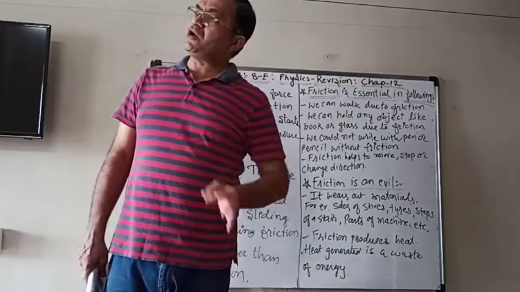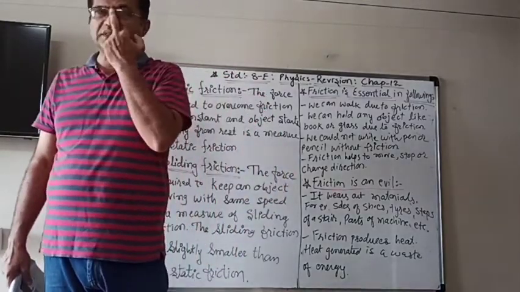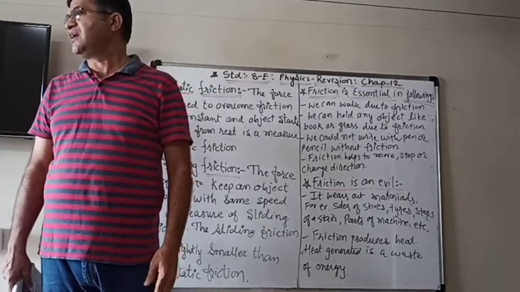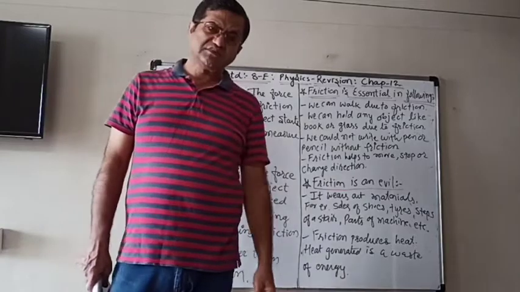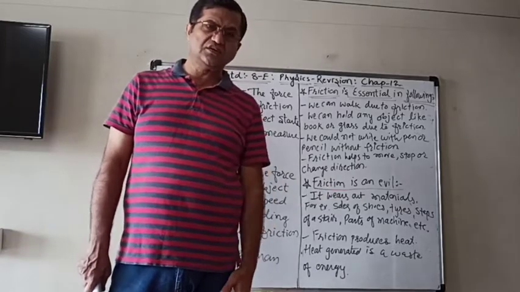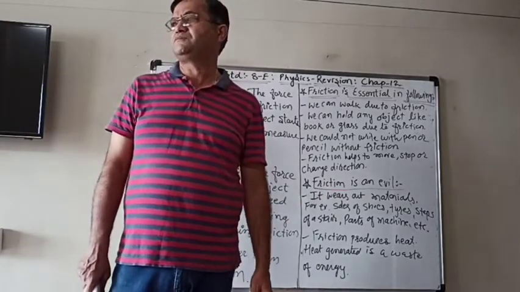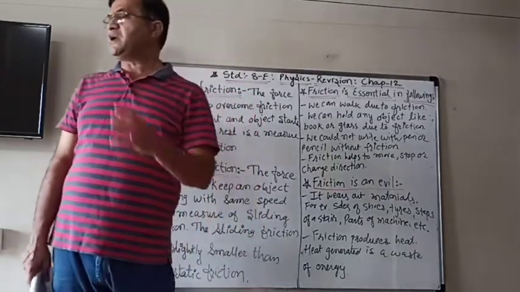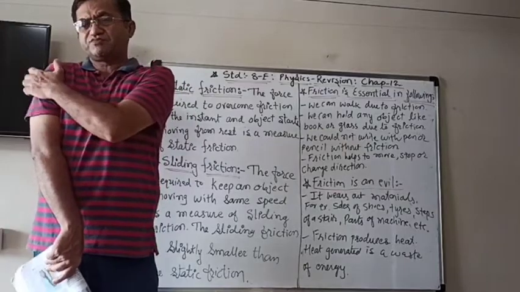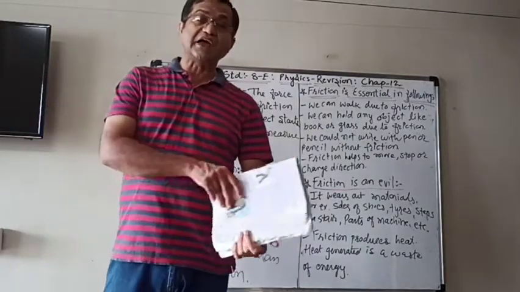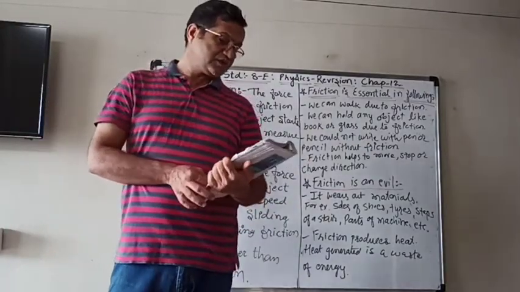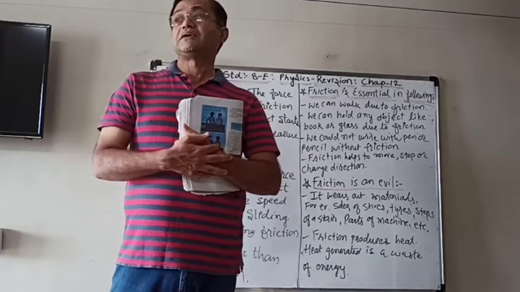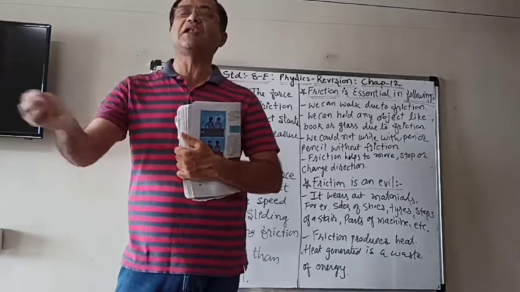Now we talk about friction. It looks like friction is unnecessary because it is opposing the motion and so on. But if you think properly, you will understand that friction is called a necessary evil.